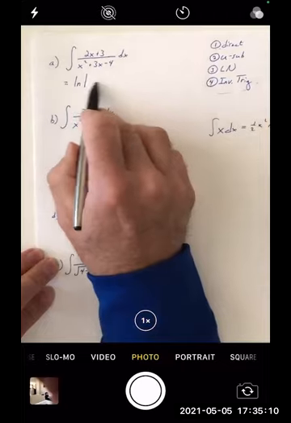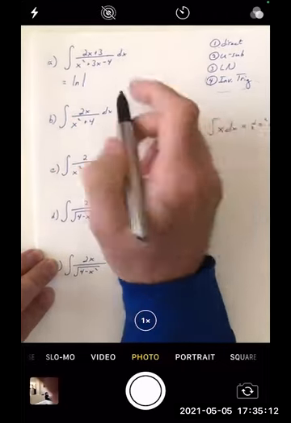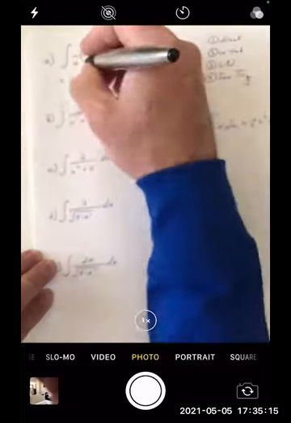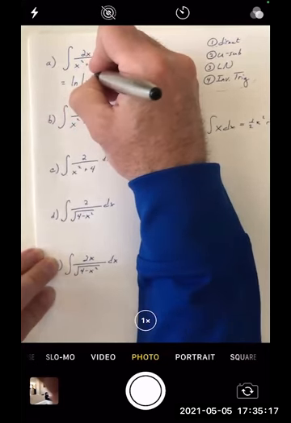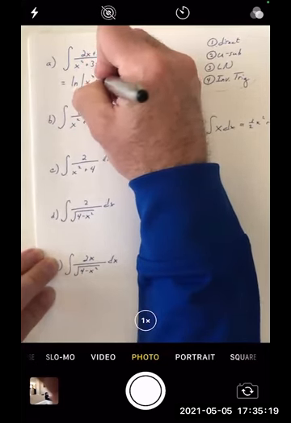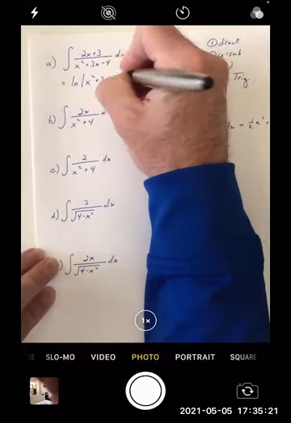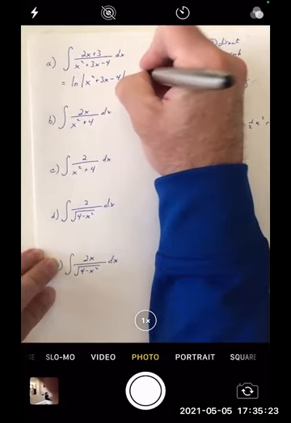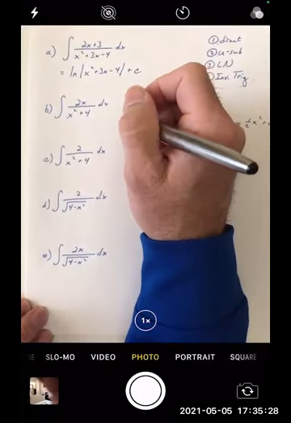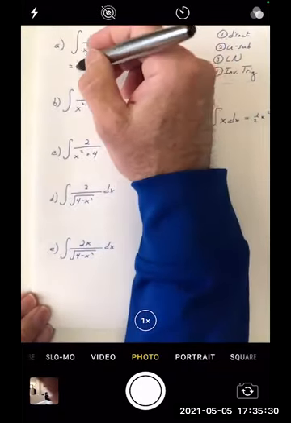And then what goes in there? Is it the top or the bottom? Bottom. Yeah. And don't forget your plus C. All right, nice one.